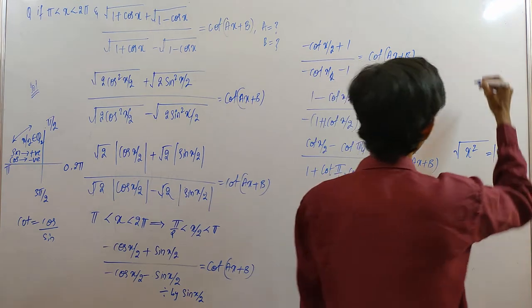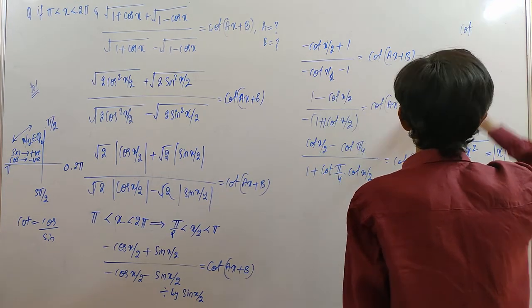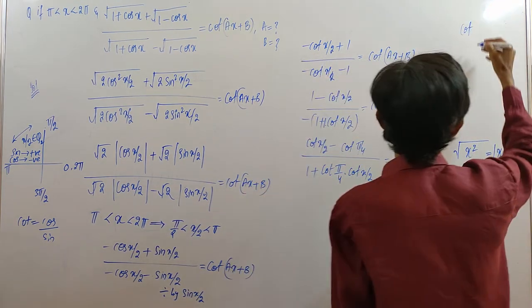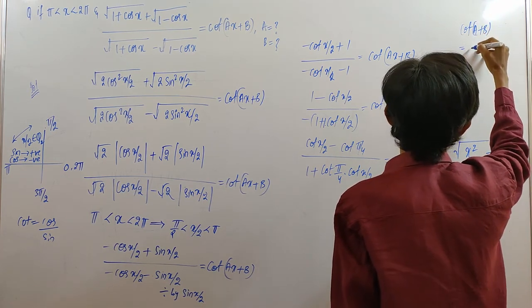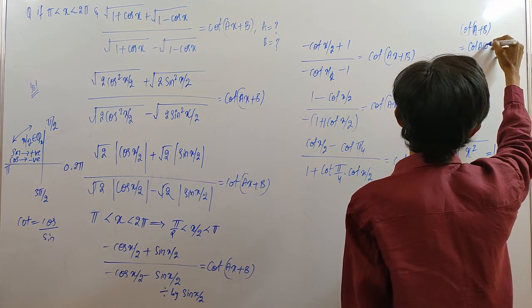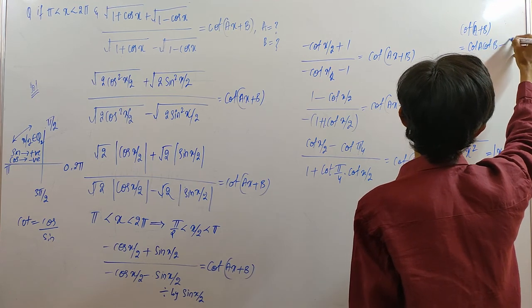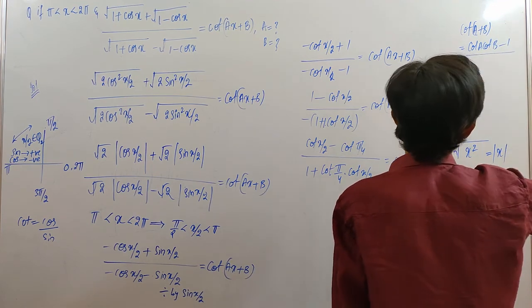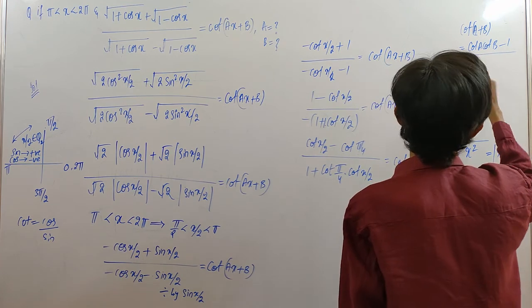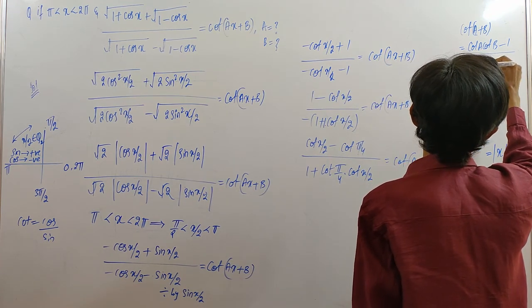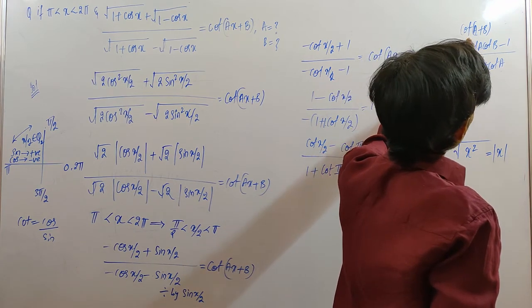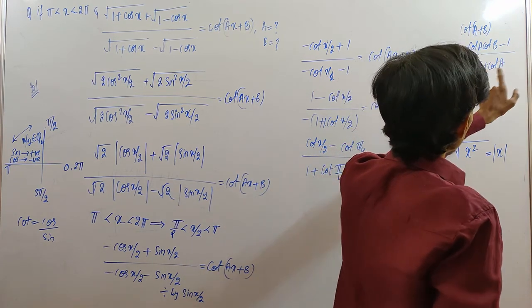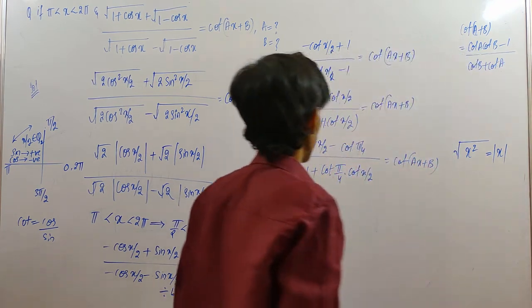We have one formula: cot(a plus b) is cot a cot b minus 1, divided by cot b plus cot a.